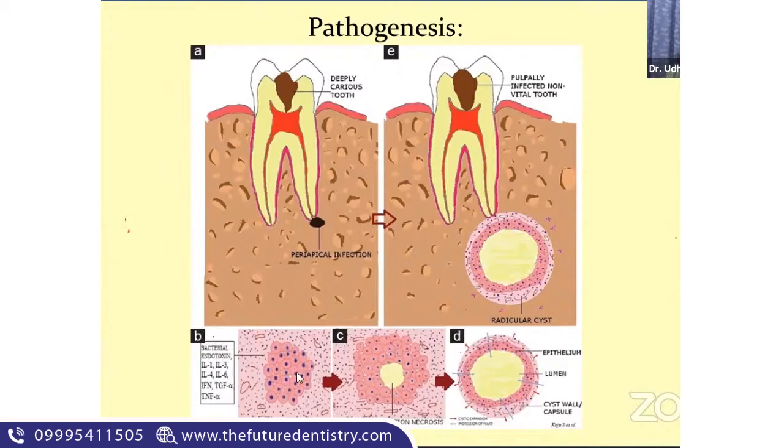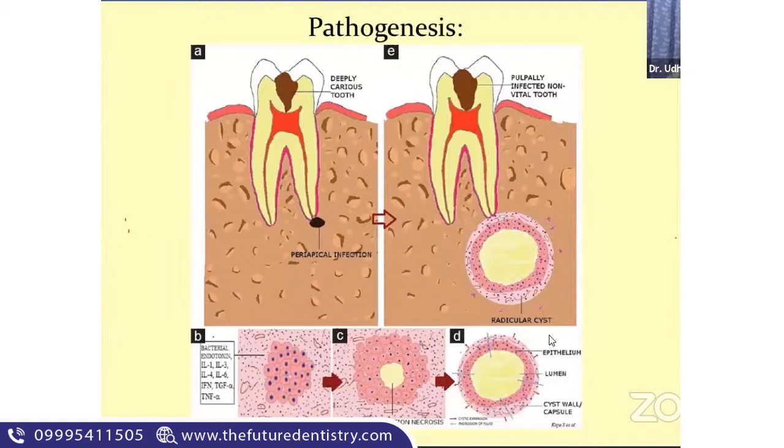The cells in the middle have no nutrition, so they die out. They undergo liquefaction necrosis. When this happens, you get a cystic lumen like this, lined by these epithelial cells or rests of Malassez, and a highly inflamed connective tissue. This is how a radicular cyst comes into being.